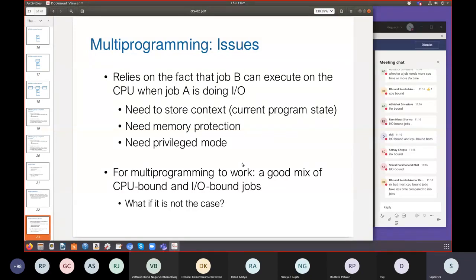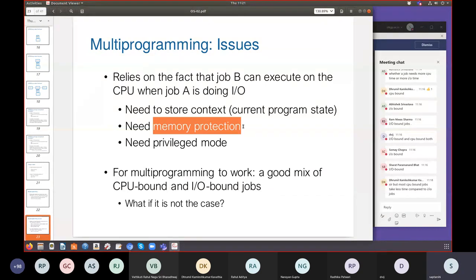Next, think about memory protection. Why do you think memory protection is needed? Or what is this even about? Just intuitively, any idea?